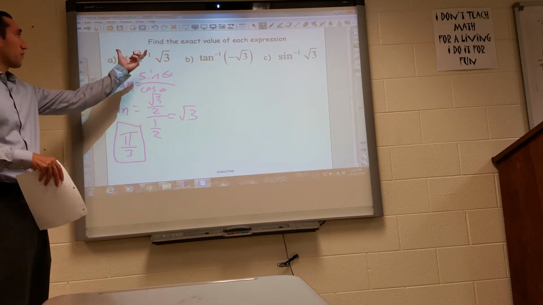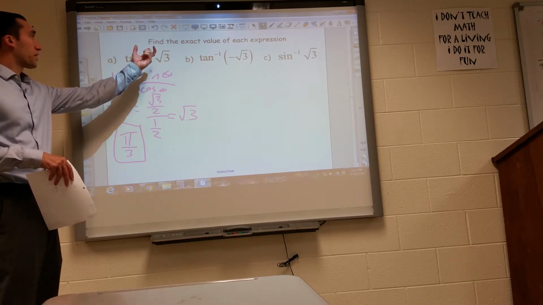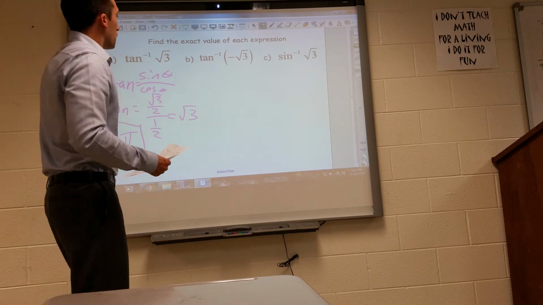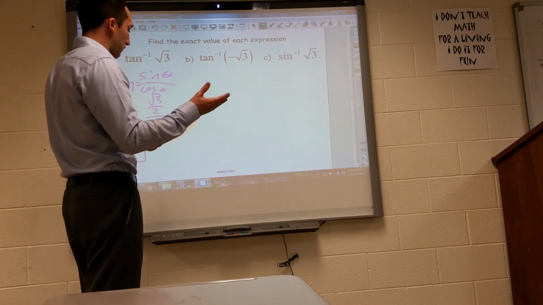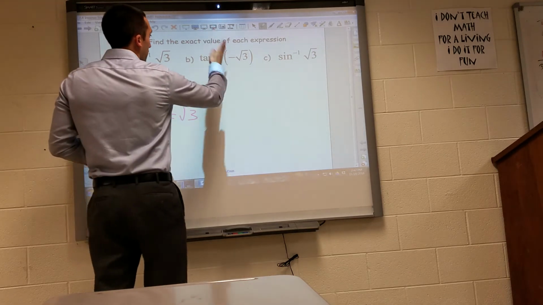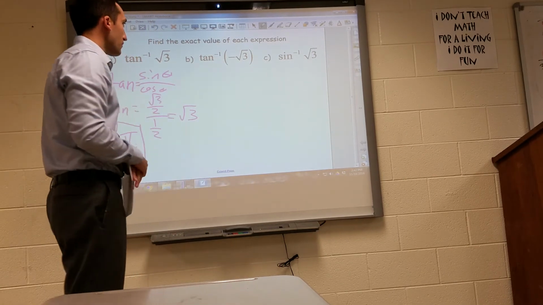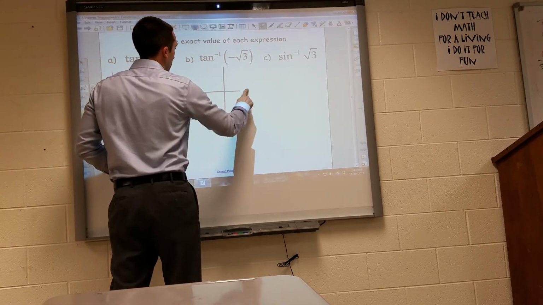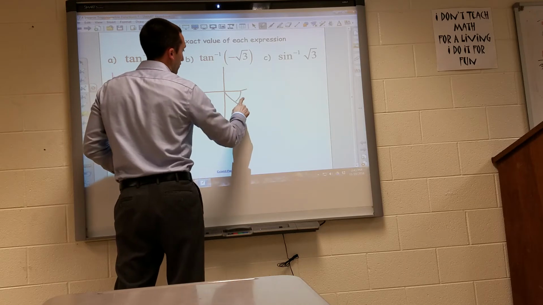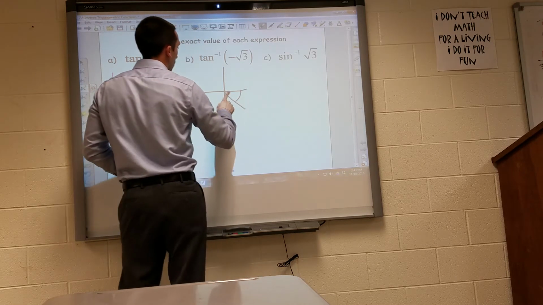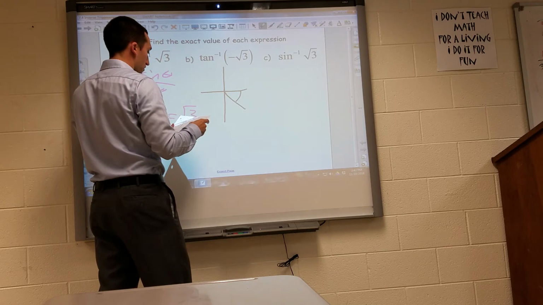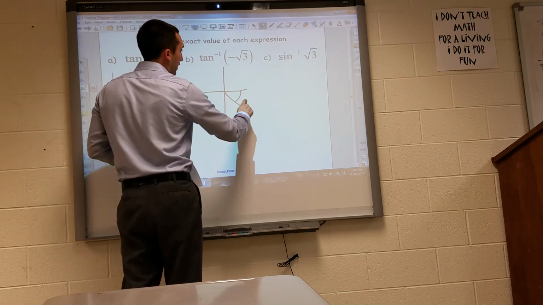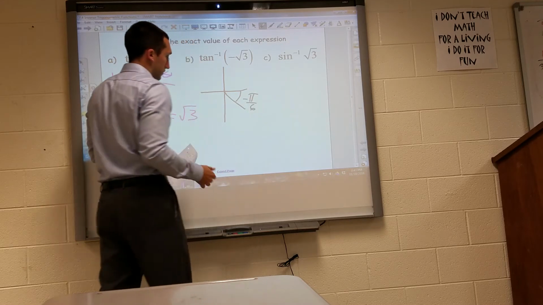Okay, so basically when they want an inverse trig function, they want the angle that gives you that value. So here we have tangent, we want the inverse tangent of negative radical 3. So a negative radical 3 is in the fourth quadrant, so our negative angle would be negative pi over 6 there.